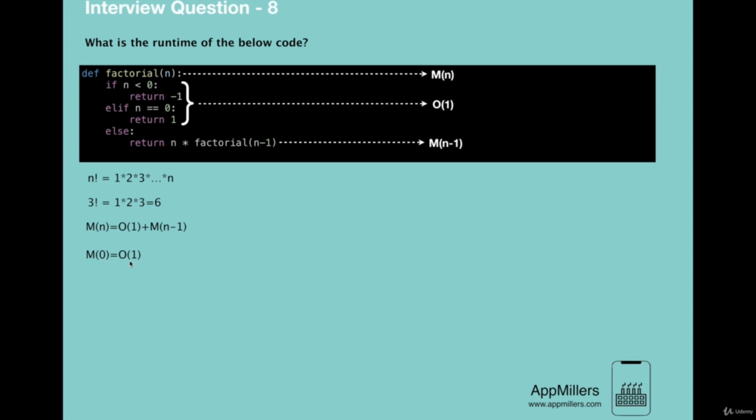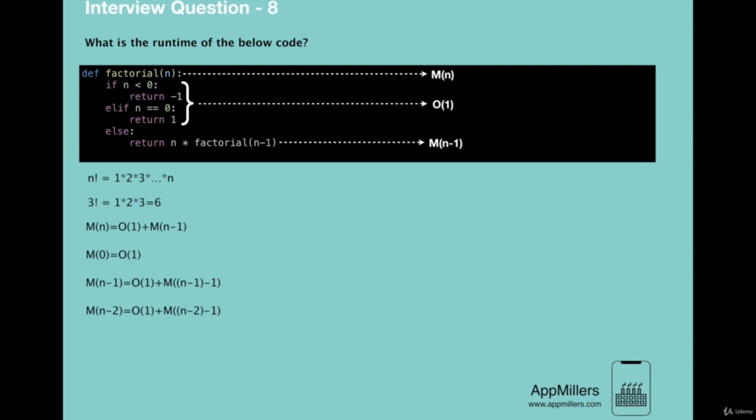The next step is we need to work a few more steps backward from n to 0. So we run our function for n minus 1, and the equation will be like this. Then we continue to the next one, which is n minus 2, and the equation will be like this. We can continue this until we reach where the parameter is 0.